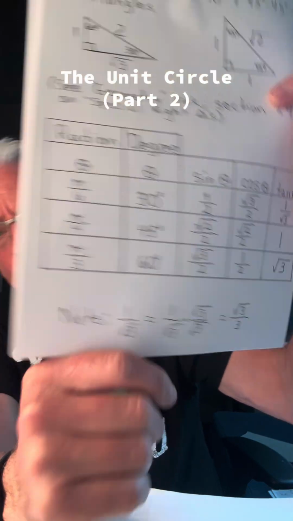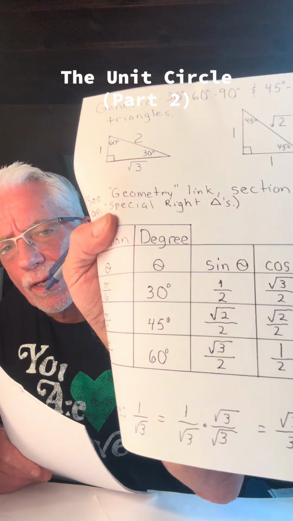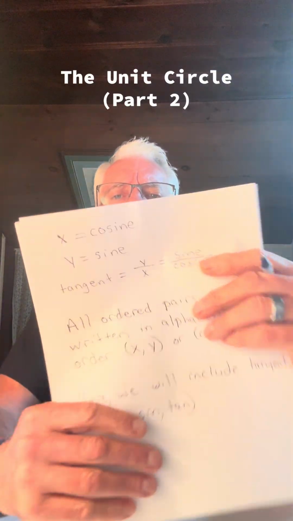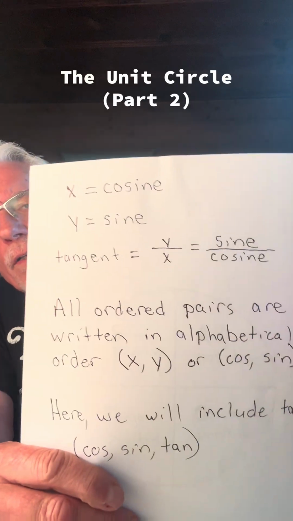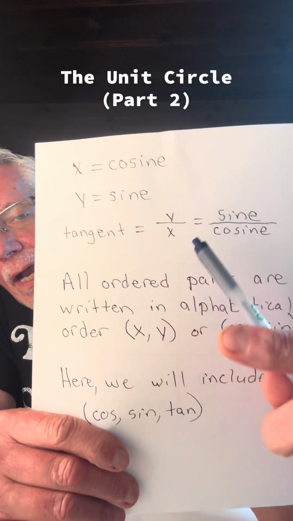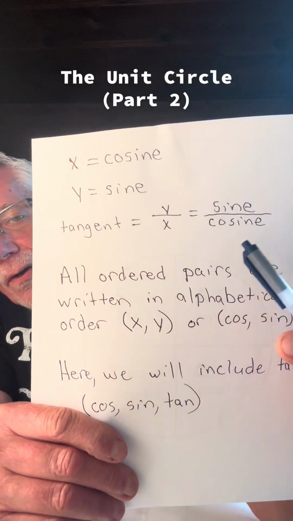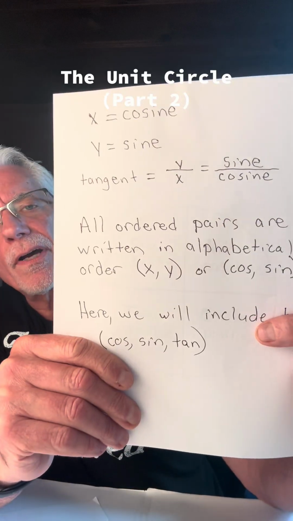Now I'm going to show you some memorizing right here. Before I get to that, we'll come back to this in just a second. Cosine is my x value, sine is my y value, and tangent is y over x, or sine over cosine. That's what the tangent value is.